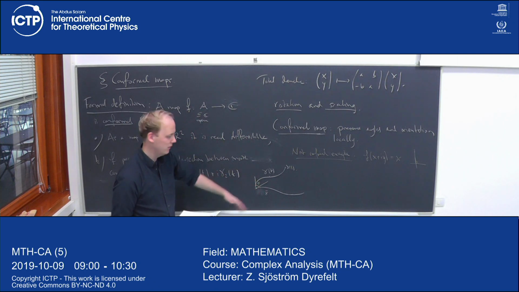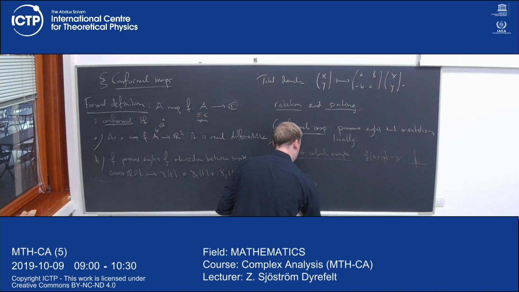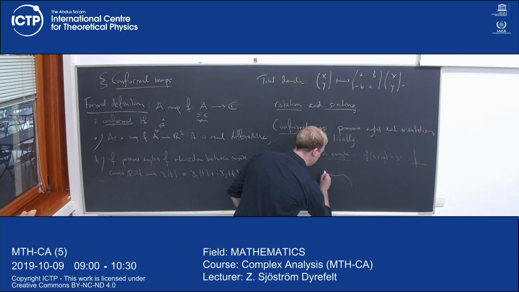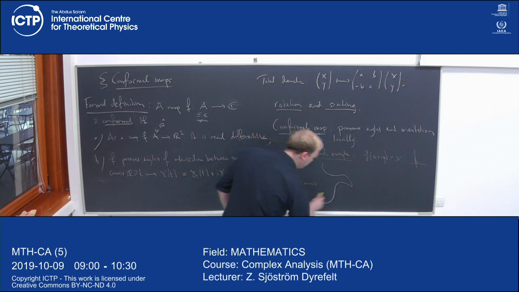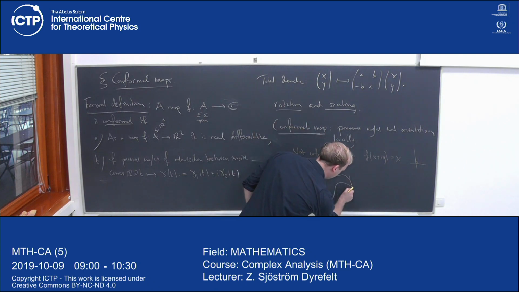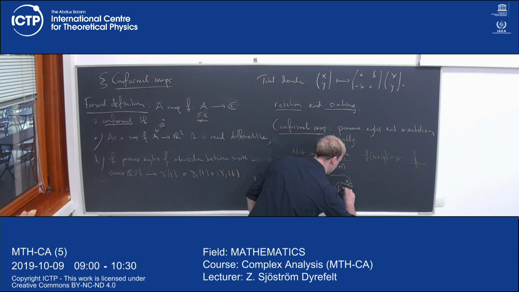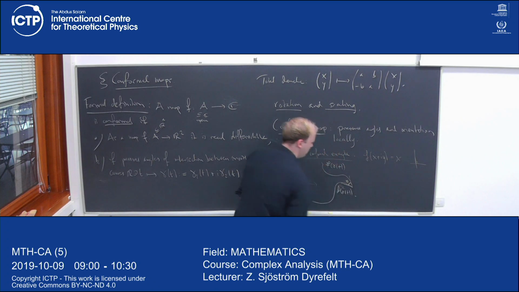So when I map these curves onto something entirely different, let's say I map it onto something that looks like this, then this angle here should still be preserved, and this is f of gamma of t, and this is f of gamma tilde of t.